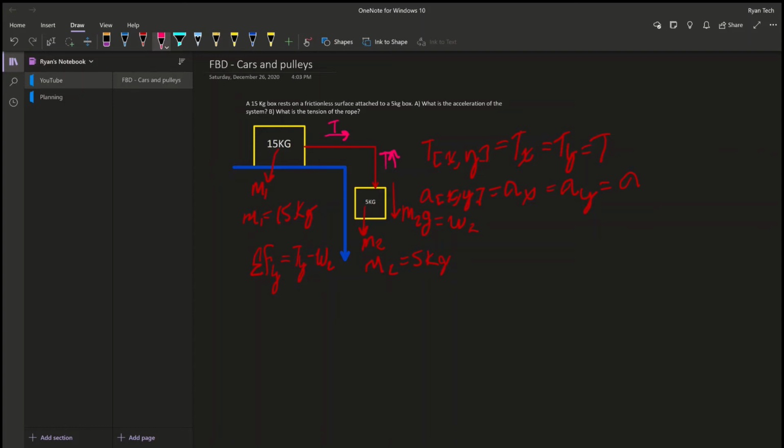So to calculate the acceleration of the system, we have to use Newton's second law of motion, which is F, or the force, is equal to M, mass, times A, the acceleration.